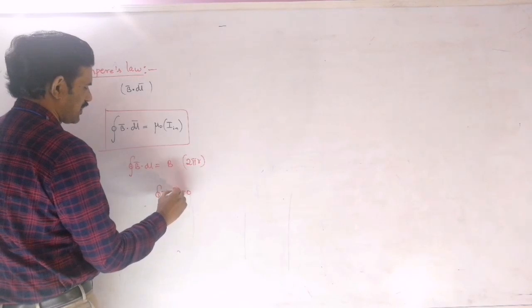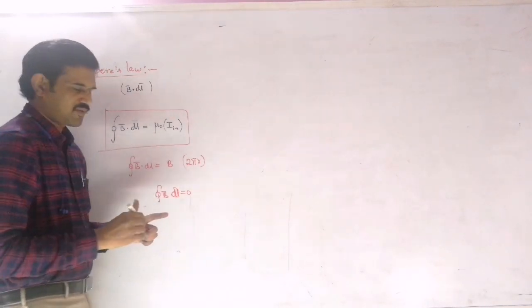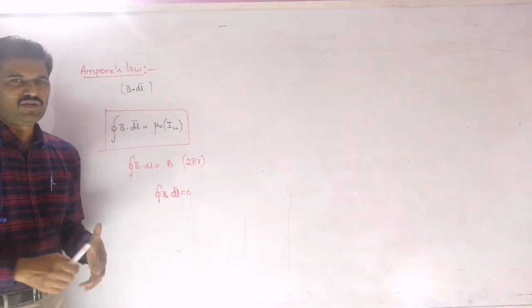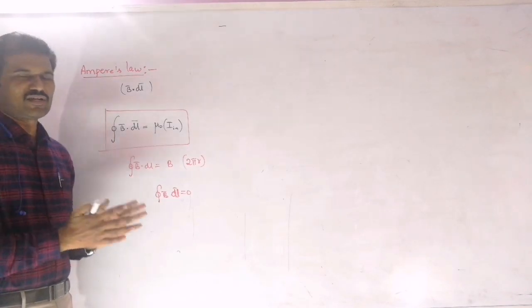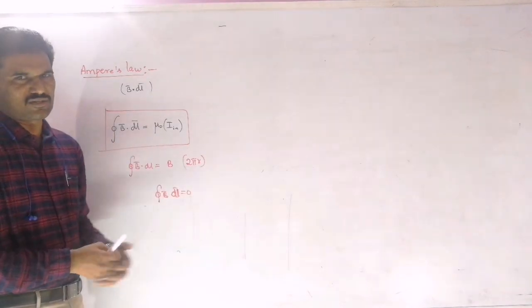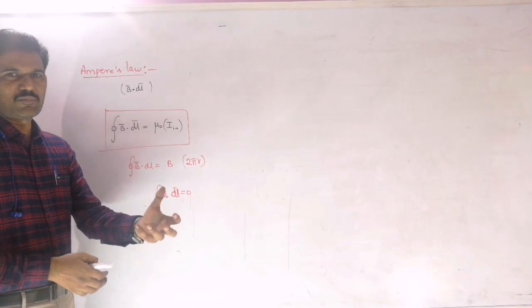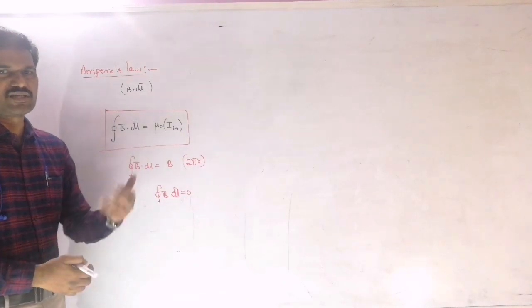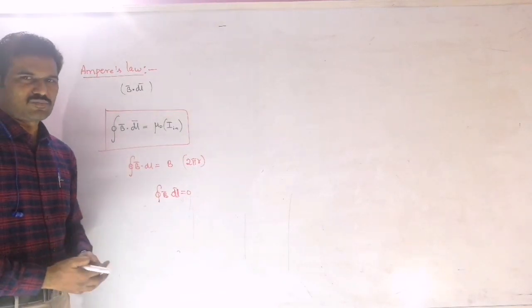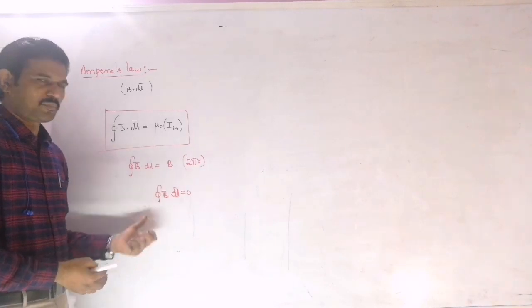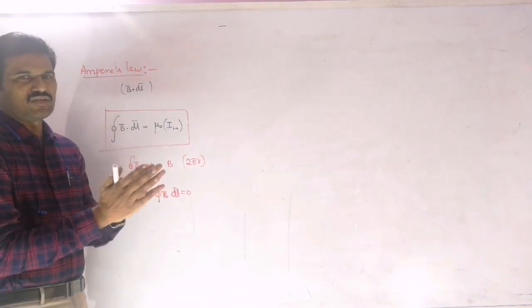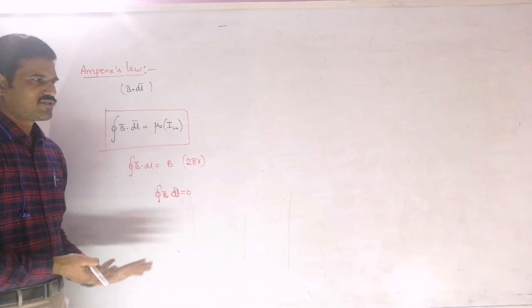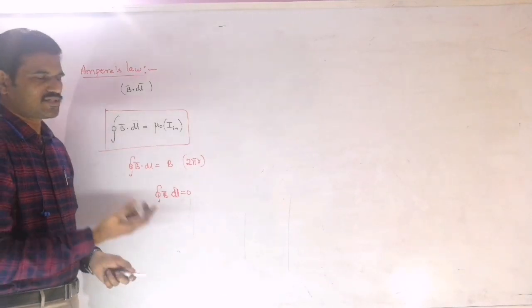If it is perpendicular for the entire path, you get 0. If only a certain part is perpendicular, then only for that part it will be 0. For another part it may be parallel or inclined at some angle, then it need not be 0. Only when the two are perpendicular is the integral 0. Then you can easily solve such problems.